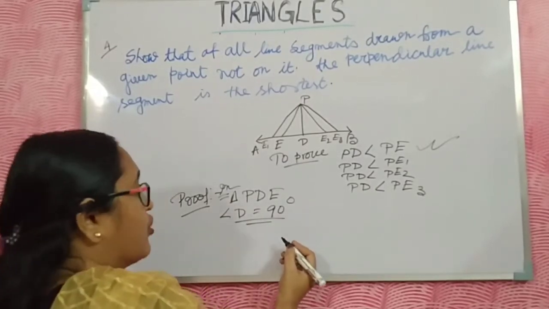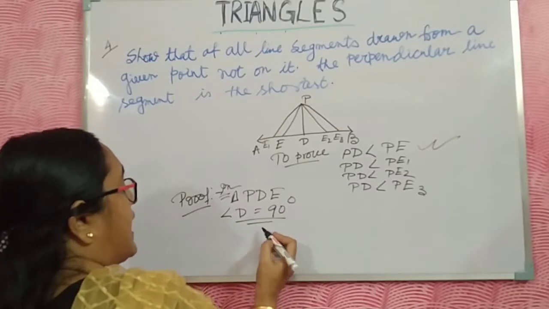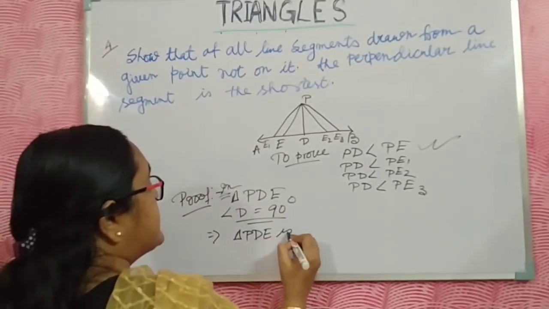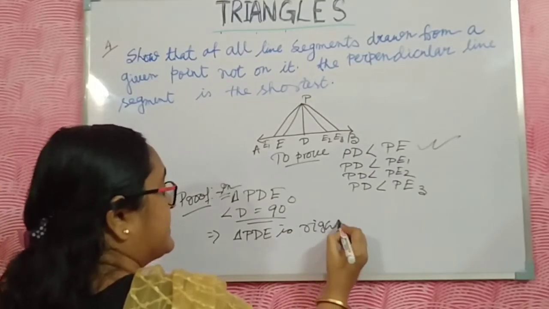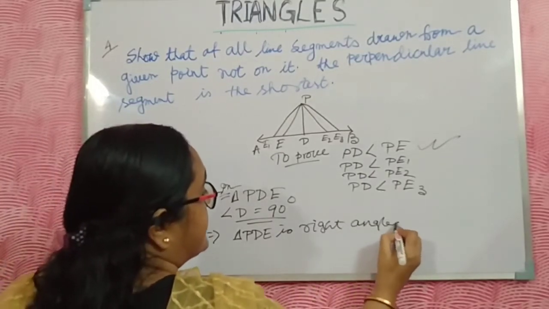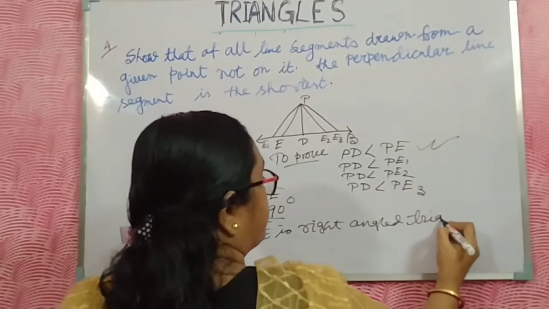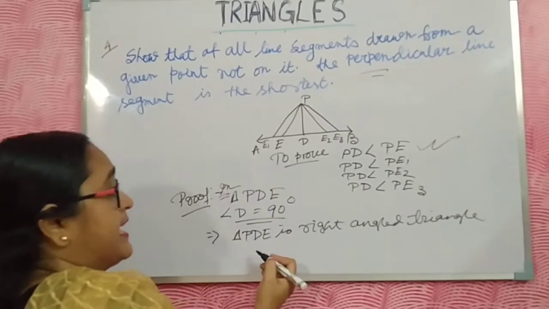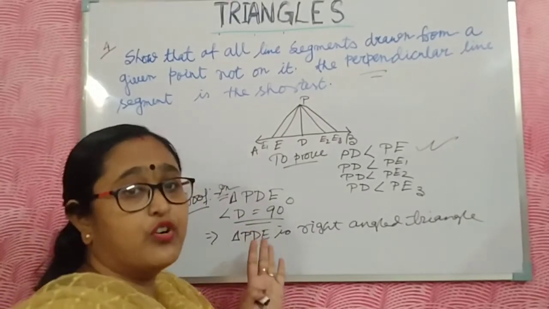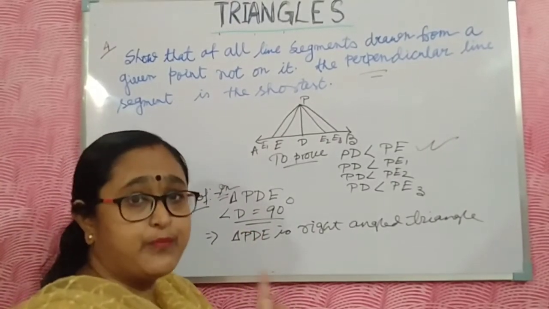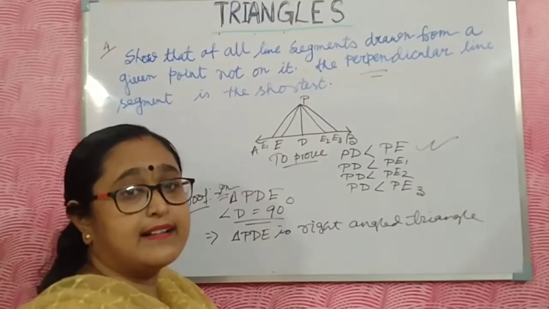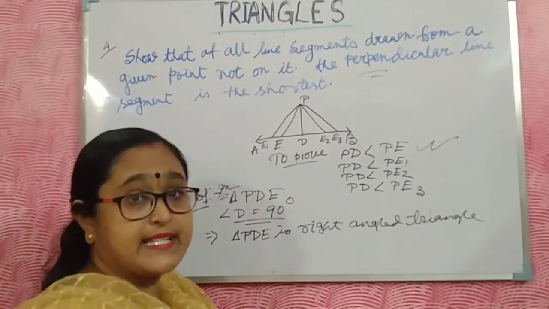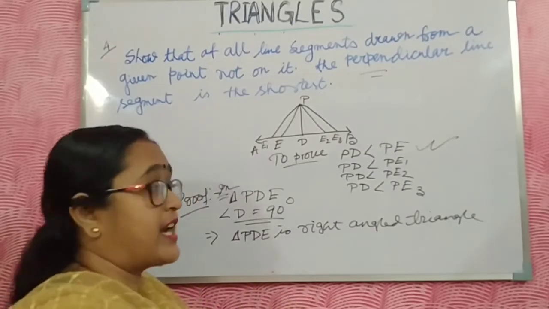All of you know, this implies triangle PDE is a right angled triangle, because the perpendicular means a right angle. You also know, I proved before in the first sum, that in a right angled triangle, the side opposite the right angle, that means the hypotenuse, is the greatest side of the triangle.